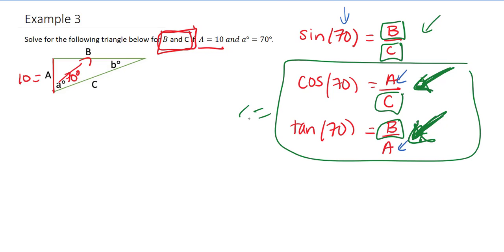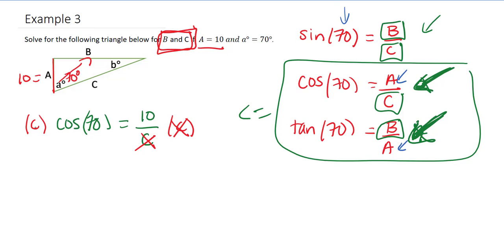So let's go ahead and solve. Cosine of 70 degrees is A, which is what we know, that's 10, over C, which is what we don't know. So let's solve for C. We're going to multiply C on both sides. This is just like the last example, just different numbers.